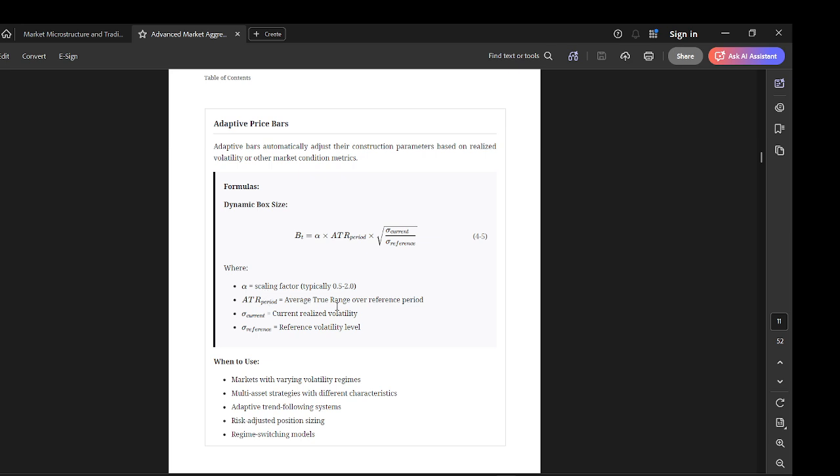ATR is the average true range over a reference period. The current term is the current realized volatility, which is the standard deviation of the current volatility, over the standard deviation of the reference.